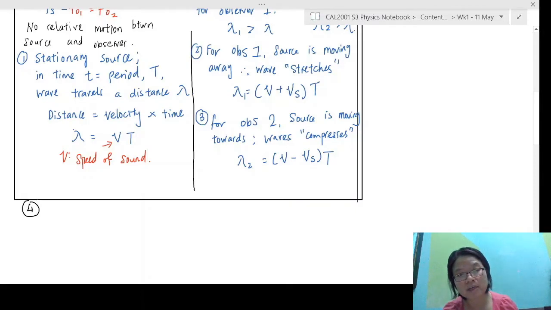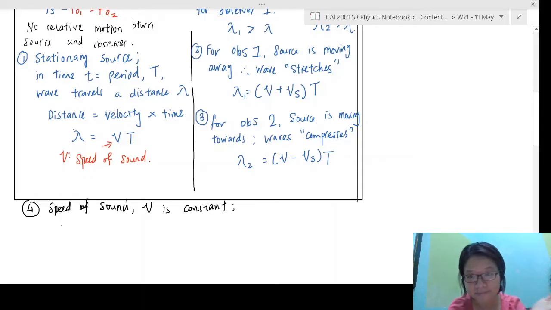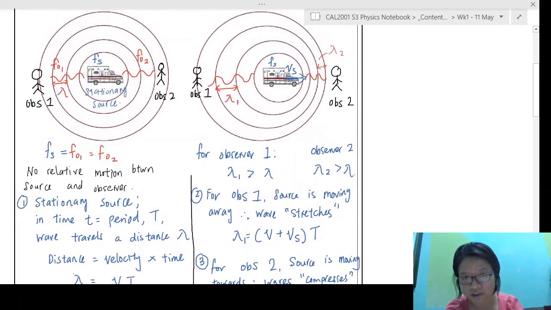Now we're going to have to put all these equations together. I'm just going to start with a familiar equation. Since we know that speed of sound is constant, when I say constant, it means sometimes it's 340, sometimes it's 330, depending on the question. This is what I mean by a different constant, but we can treat it as constant in this scenario.